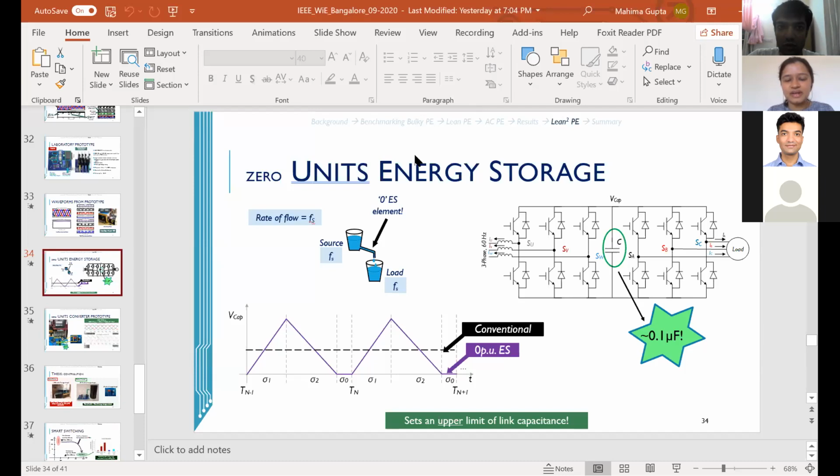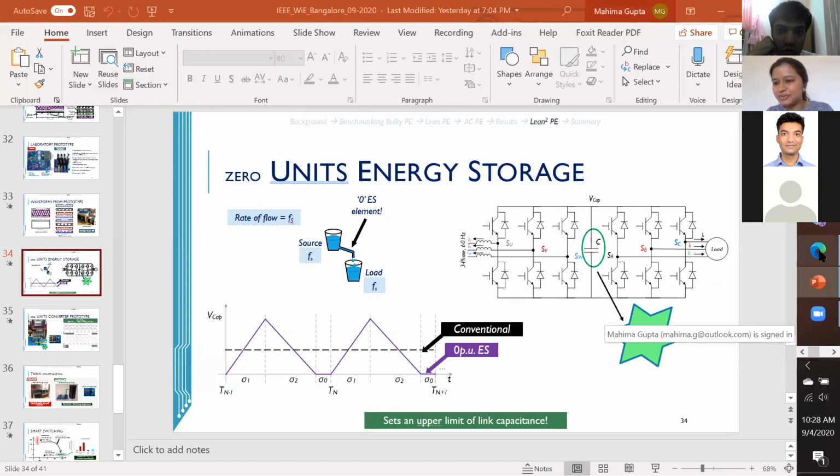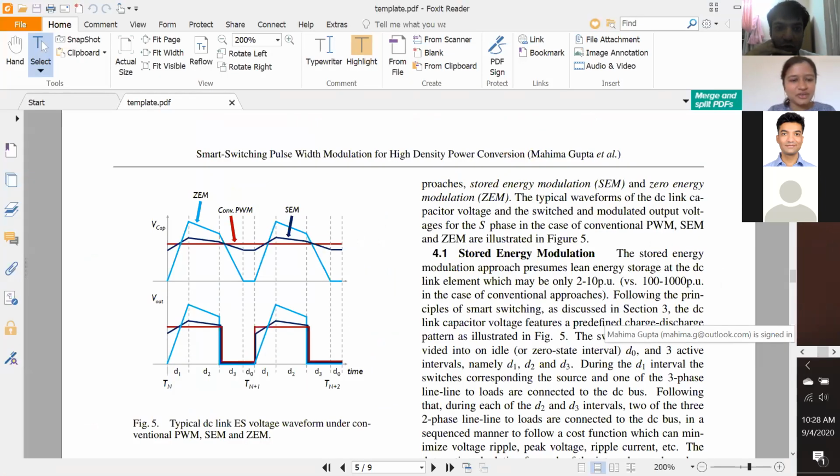I think you can stop sharing and then share your entire screen. New share. Yes, just screen. My apologies, I'm new to this. No problem. Now can you see?